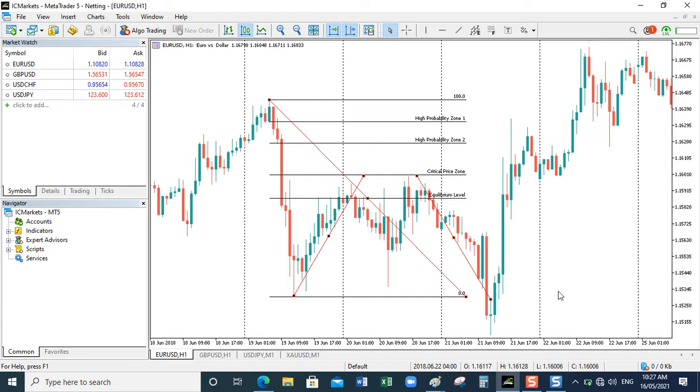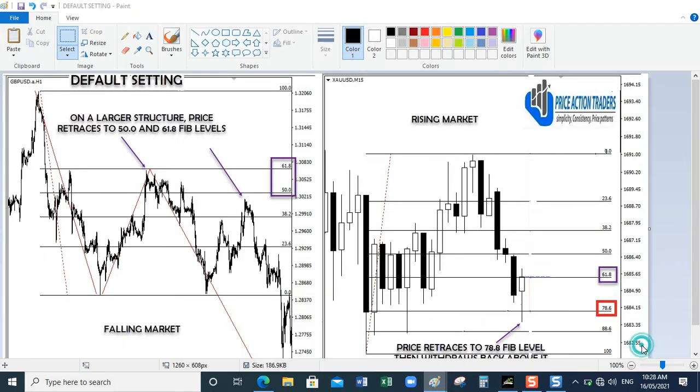The people that asked how to edit the setting. So these are the default settings you see there. Like this one, for example, market move. This is the pounds USD. Market move.